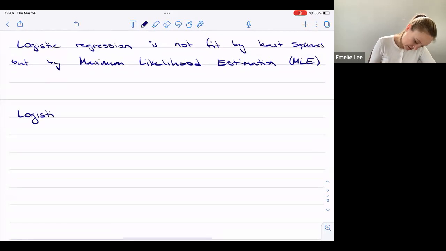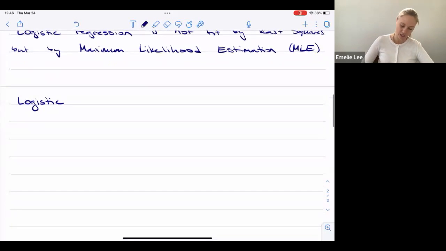I should spell it all out. Logistic regression does not have an RMSE or the R squared, because remember what is the RMSE and the R squared? They all rely on the residuals, right? But if we have 0, 1 cases, those residuals are either 1 or they're 0, right? And so that doesn't help us very much, right?